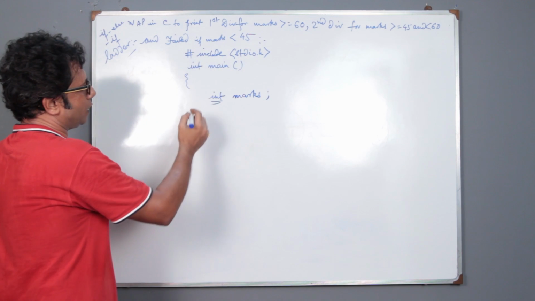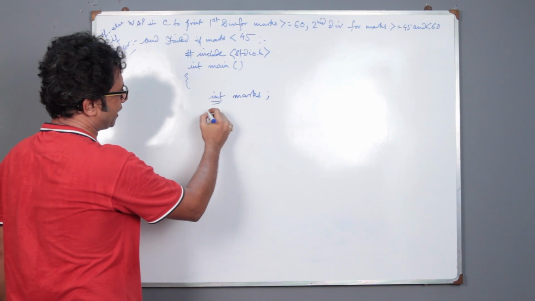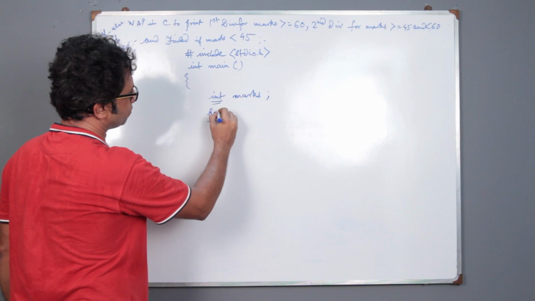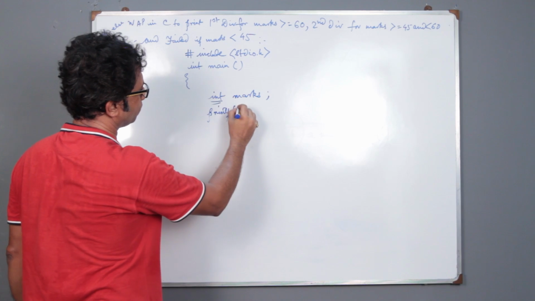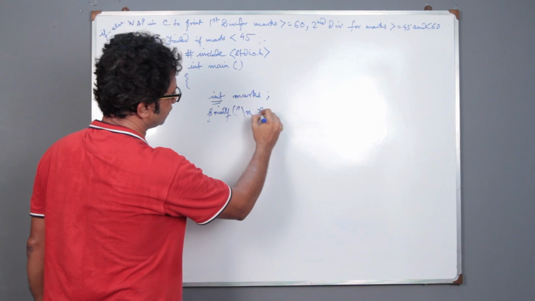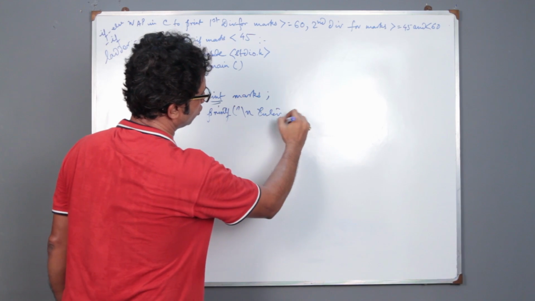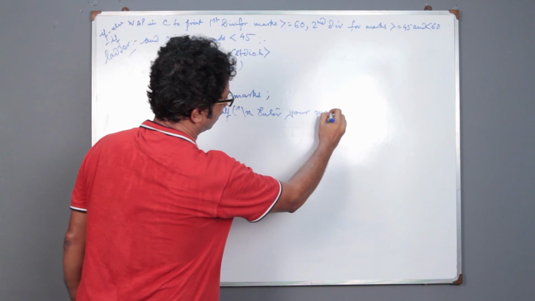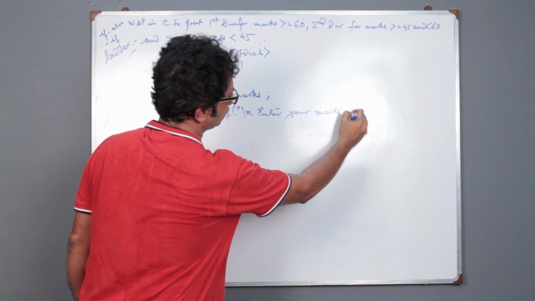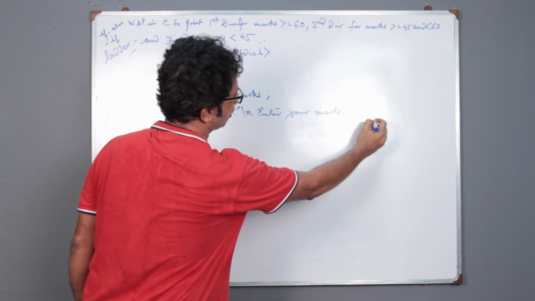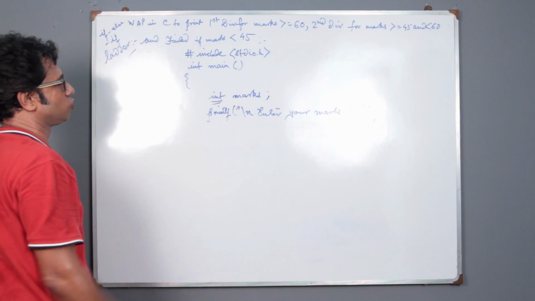I will take the input from the user by giving a prompt like this: printf, new line, enter your marks. So I am prompting the user to enter his or her marks as an input to the program.